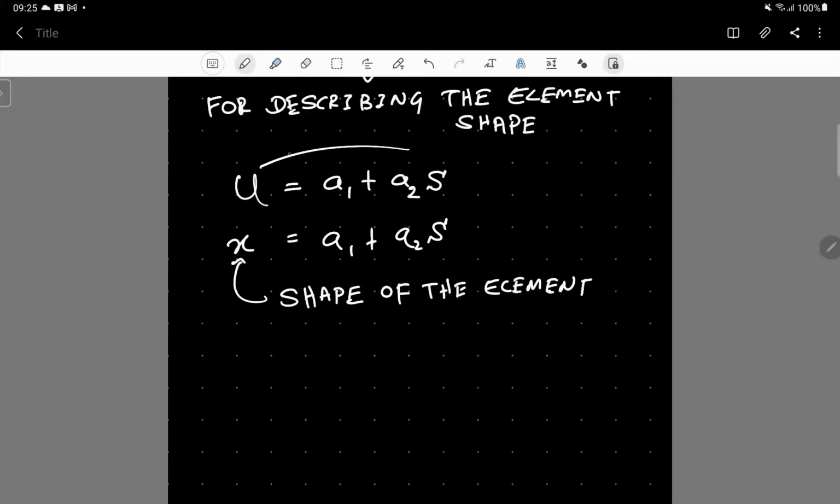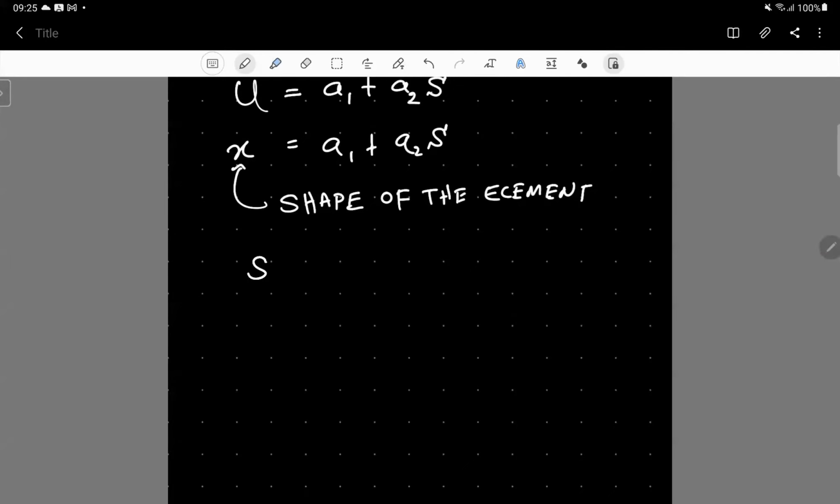You know, the displacement function, the shape function or the interpolation function describes the displacement within the element, displacements within the domain, isn't it?